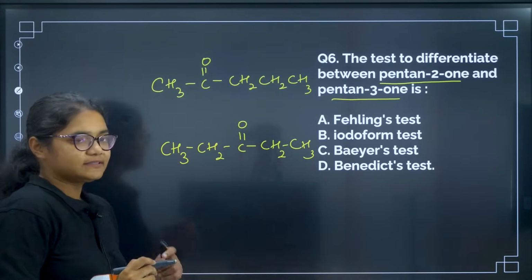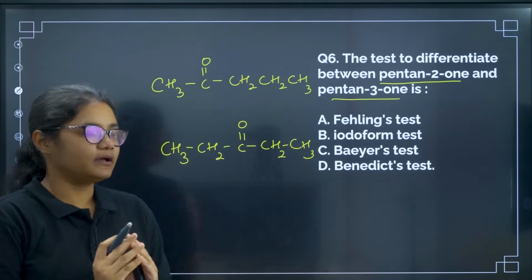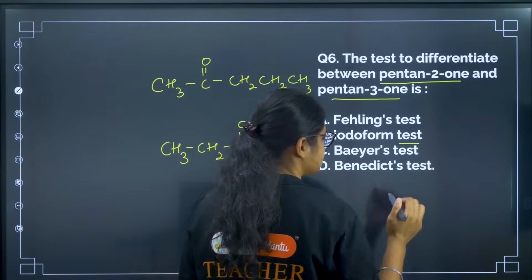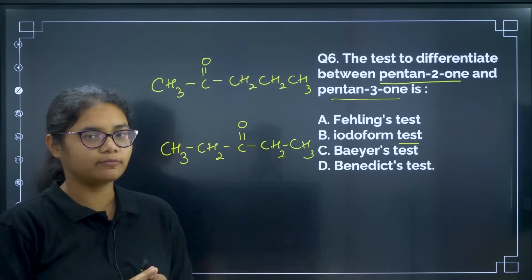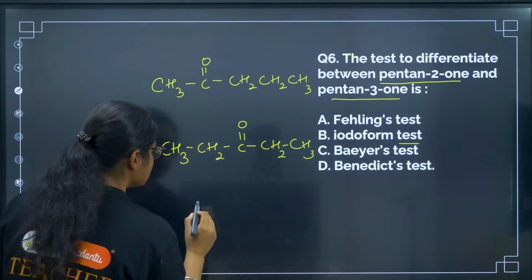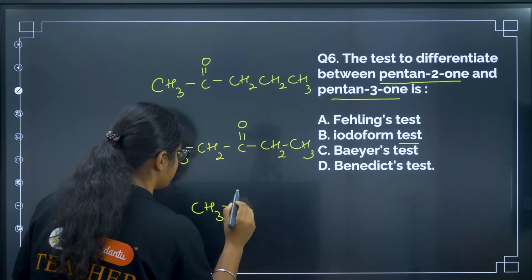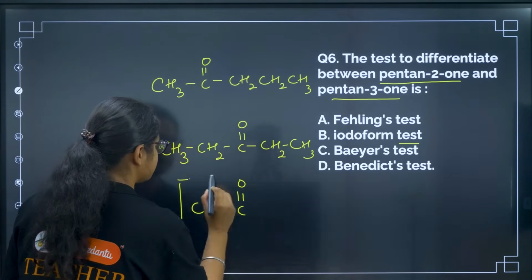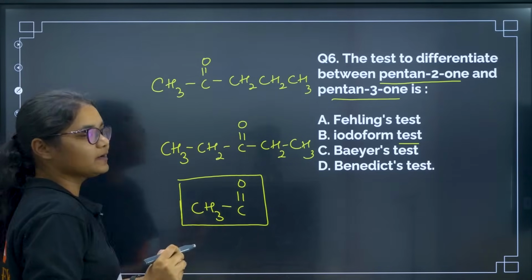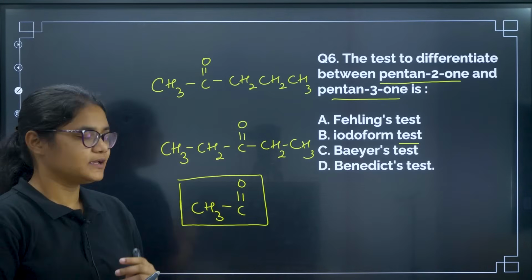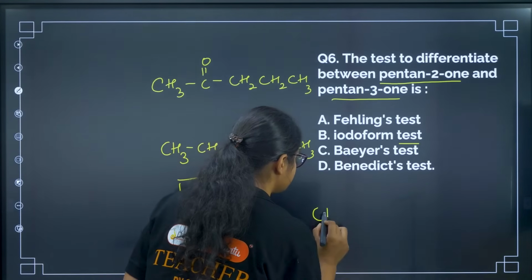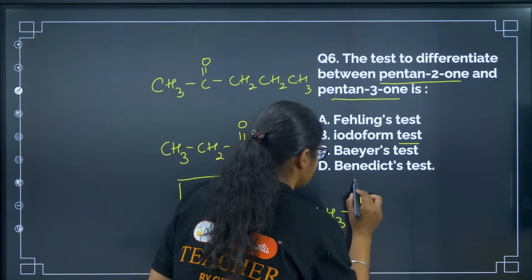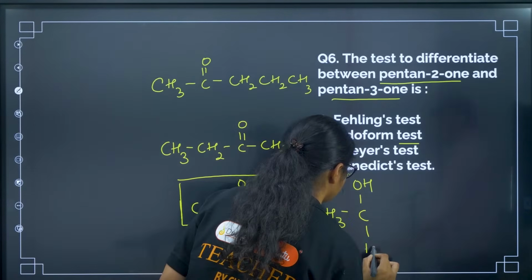So whenever we have the same functional group, you just have to remember the answer can be the iodoform test. So I'll be telling you two conditions for the iodoform test. First of all, the compound should have a CH3CO group. If this group is present, then that compound can show the iodoform test. Or else one more thing can be present, that is CH3CHOH.